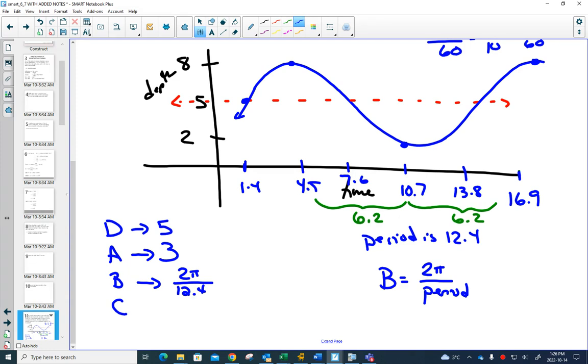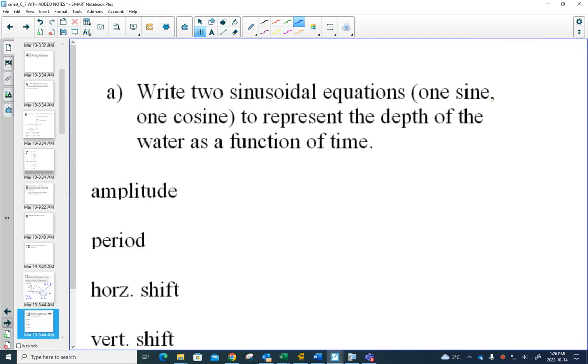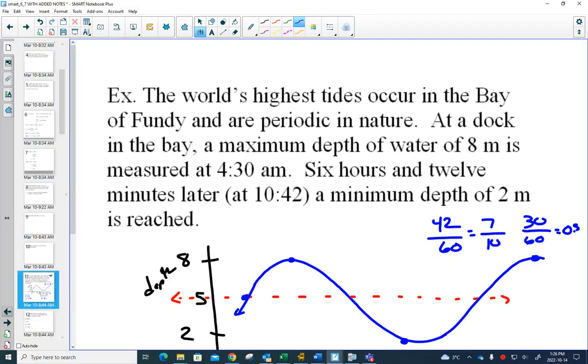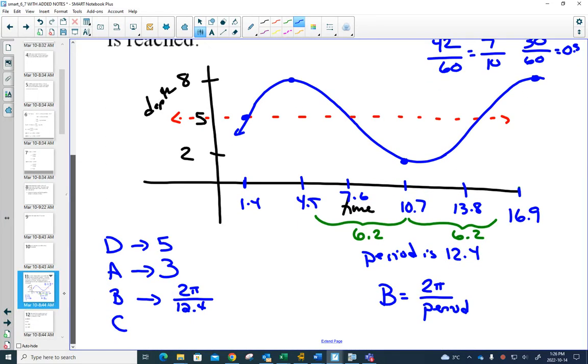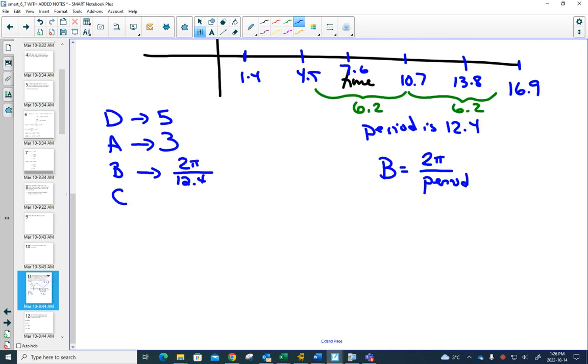Now the first question in this example says, write 2 equations, one for sine and one for cosine. So if I'm writing an equation for sine, my a value is 3. My b value is 2 pi over 12.4.